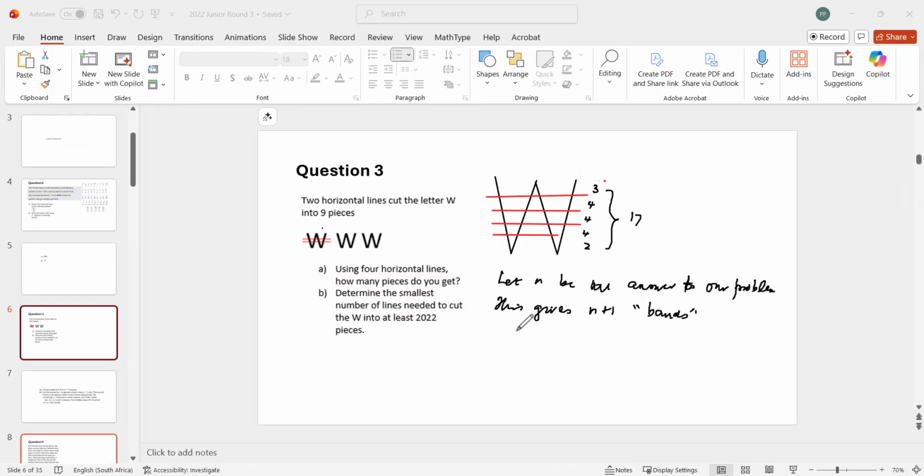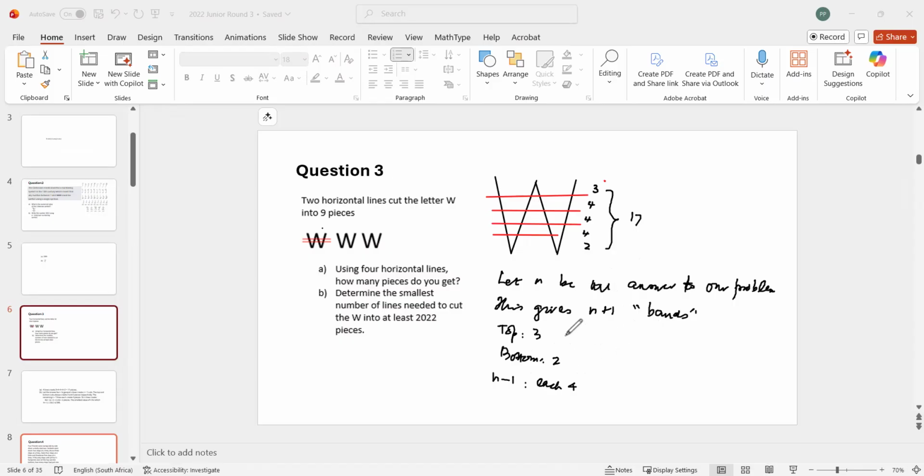Now the top band is always 3. The bottom is always 2. Now, these are 2 of the n plus 1 bands. So you got n minus 1 left. We accounted for the top and the bottom, and you got n plus 1 bands altogether. And each of these bands gives you 4, as you can see in our solution for 5.